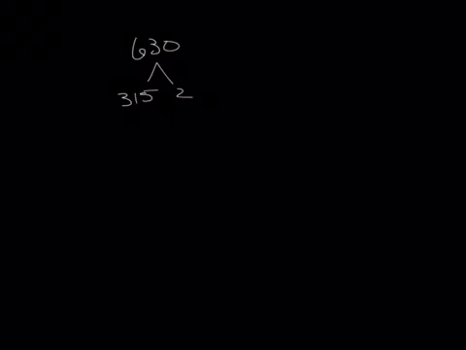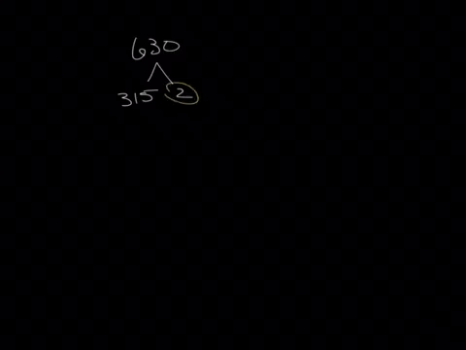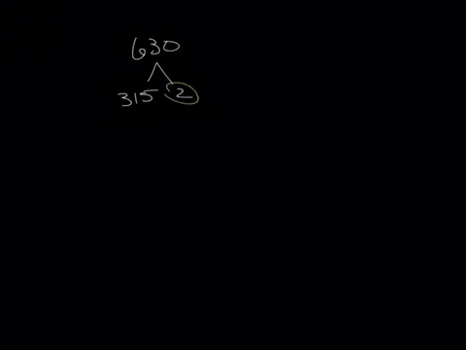They want us to do in this next one the prime factors of 630. Well, since 630 is an even number, I know that 315 and 2 are two numbers that multiply into that, or divide into that. 2 is a prime, so I circle it, so I'm done there. But 315, it ends in 5, so I know that 5 goes into it.